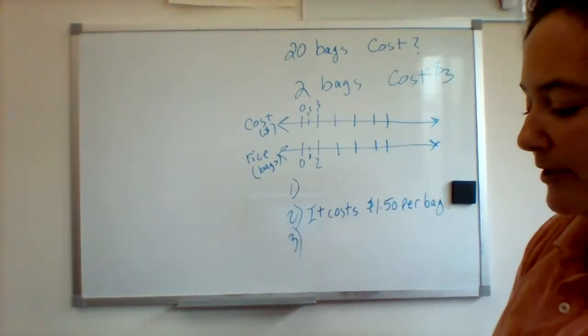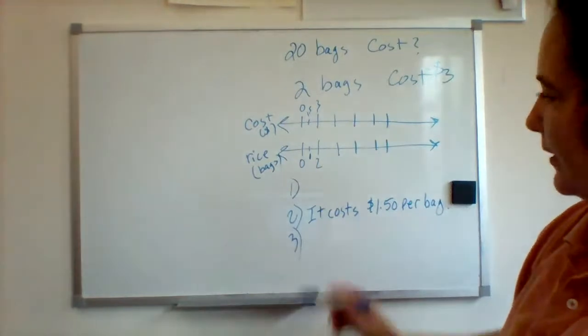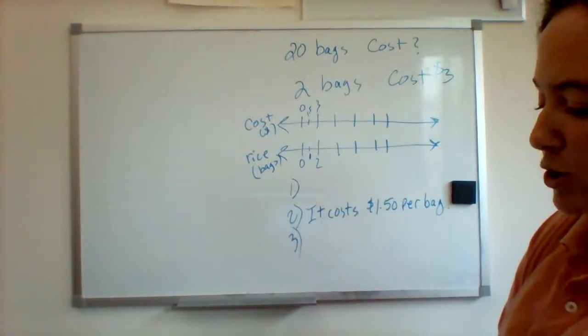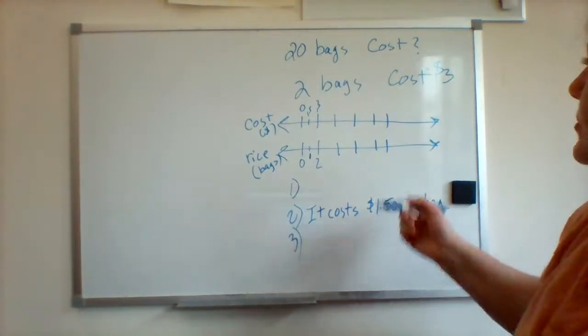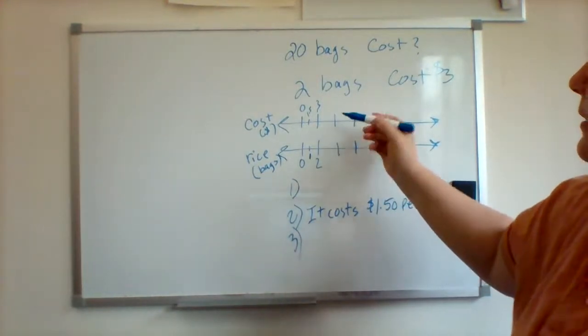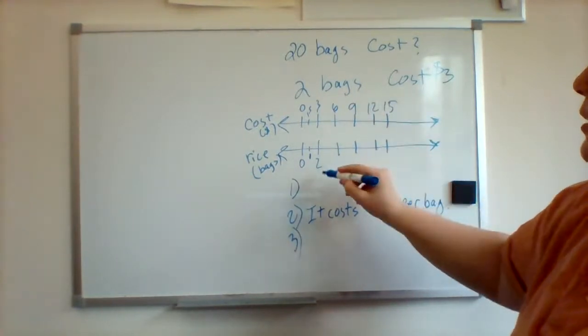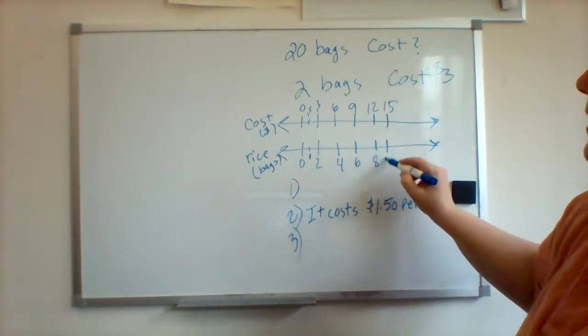Number 1 said, at this rate, the rate that they gave us, the $3 for 2 bags, how much can you buy with $12? Well, what are we skip counting by? 3, 6, 9, 12, 15. 2, 4, 6, 8, 10.